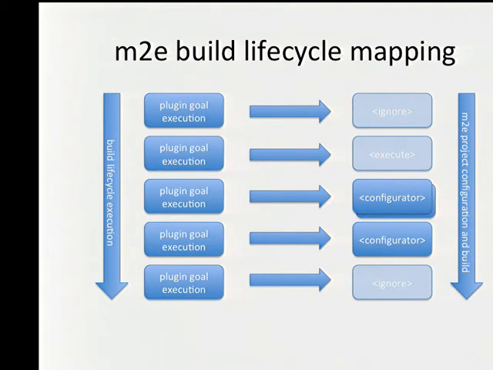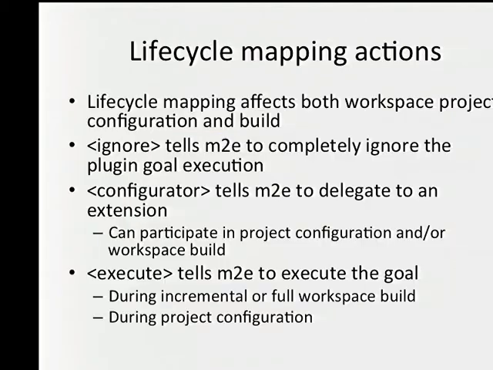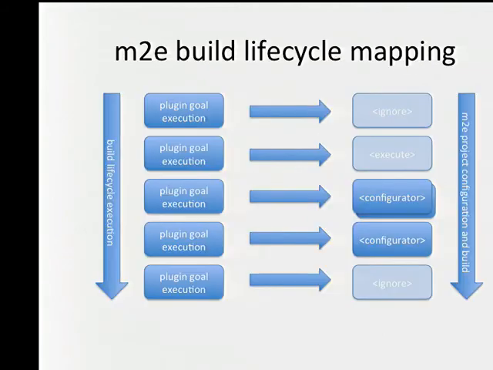And so probably I should mention that during command line build, all plugin goals in the build lifecycle are executed sequentially one by one, starting from the beginning and ending at the end. And this is done just one time during command line build. And when m2e imports projects, this is more or less what we do as well.